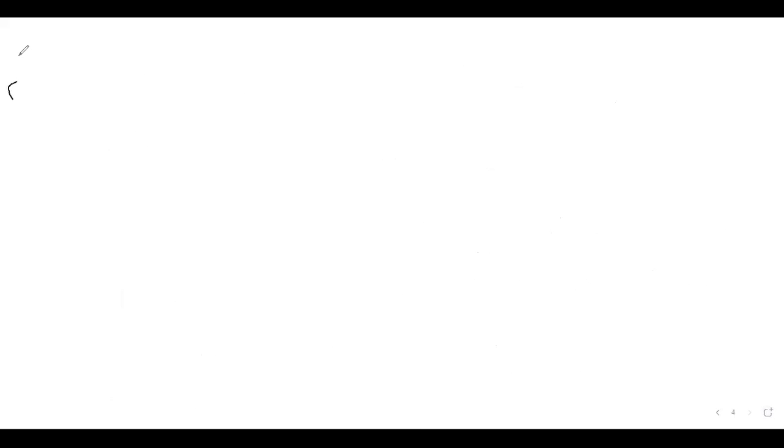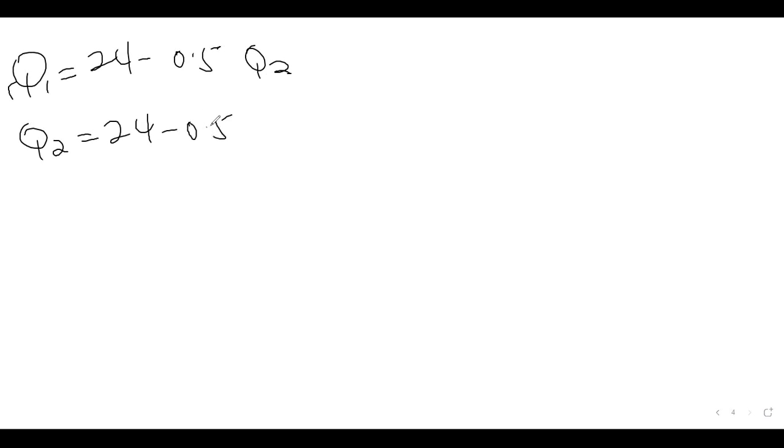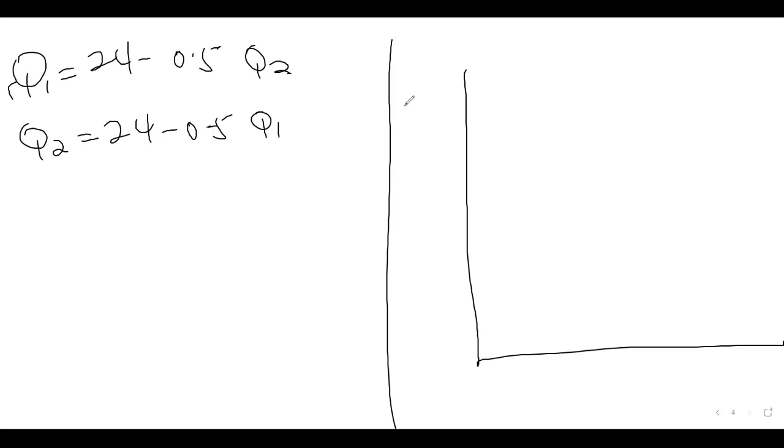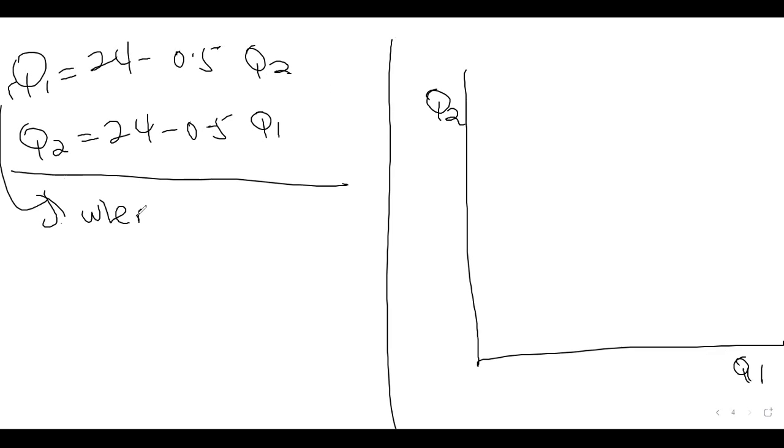Now we have the reaction function Q1 equal to 24 minus 0.5 Q2. Then we will have Q2 also equal to 24 minus 0.5 Q1. Now, if you want to draw this on a graph of Q2 and Q1, that means we have to find the coordinates. So using the first reaction function, when Q2 is equal to 0, you have Q1 equal to 24.